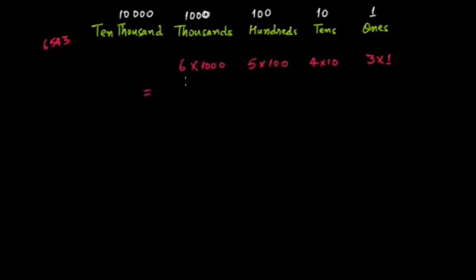This will give you 6,000 plus 500 plus 40 plus 3.